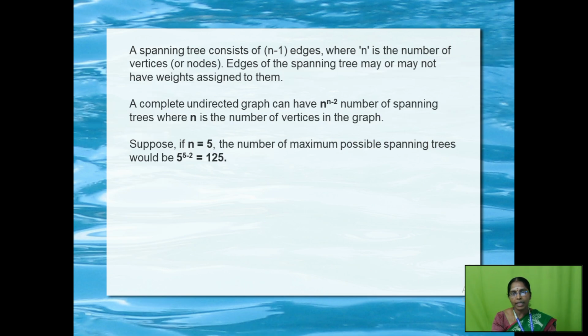For example, if n is 5, the maximum possible number of spanning trees would be 5 power 5 minus 2. So how many spanning trees would be formed? 125 spanning trees would be formed.